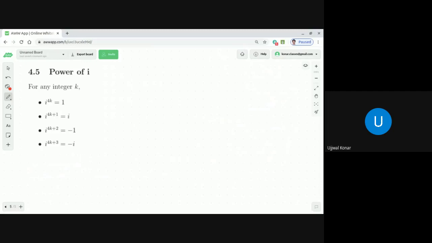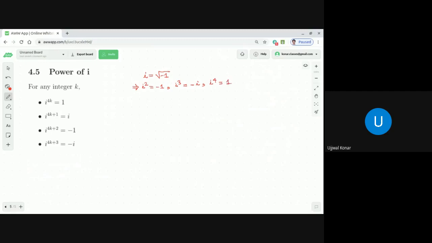What is i, dear students? i is equal to the square root of minus 1, that we all are aware of. From here, we can say i square is equal to minus 1. i cube is equal to minus i. i power 4 is equal to minus i into i, so it becomes plus 1.